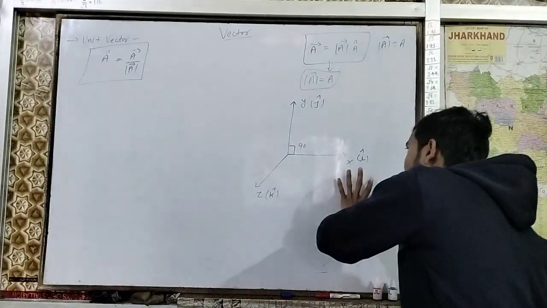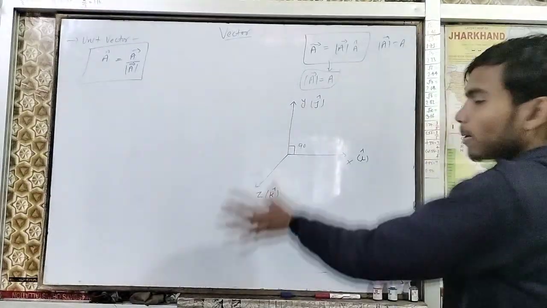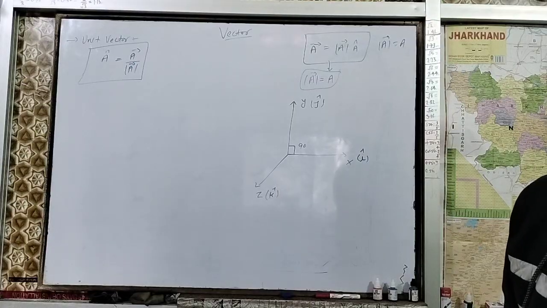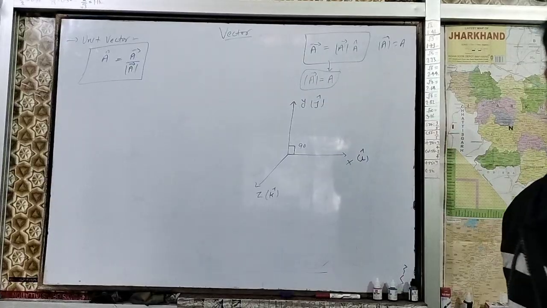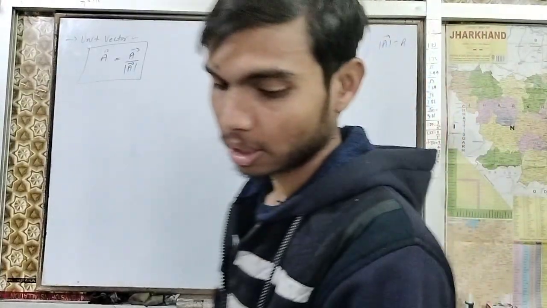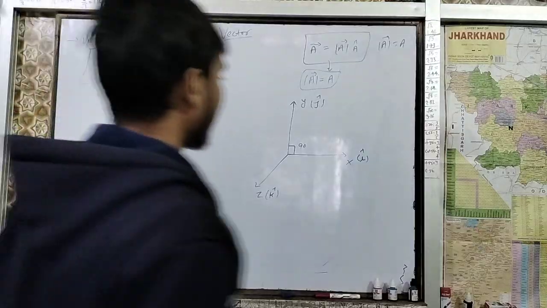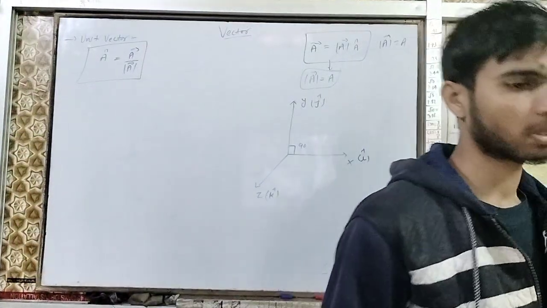When you use i cap, j cap, k cap, you are providing units with the direction. For example, 5 i cap. Here 5 means 5 units, and i cap means along the x axis.